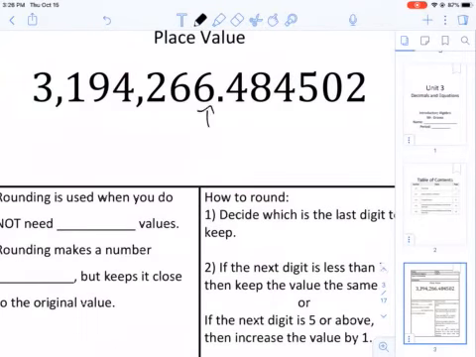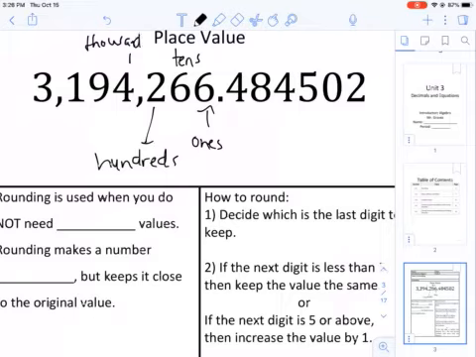When we start at the decimal, we call this the ones, the tens, the hundreds, the thousands, ten thousands, and that's this one right here. This is the 100,000s. And the millions.